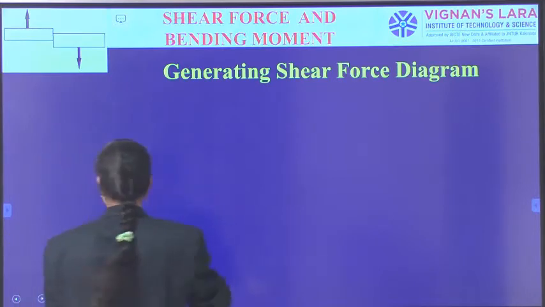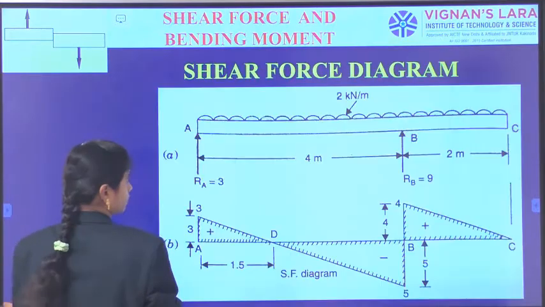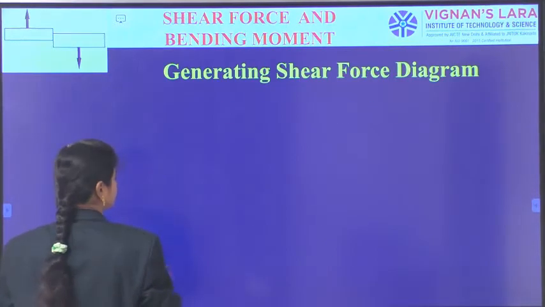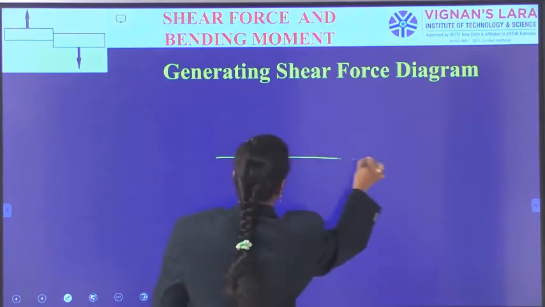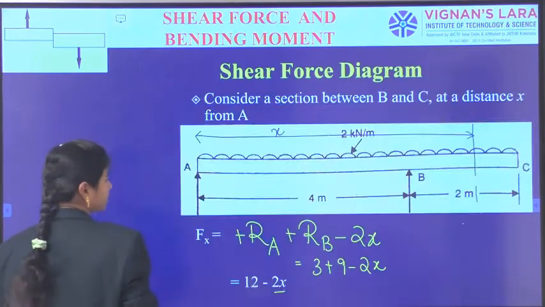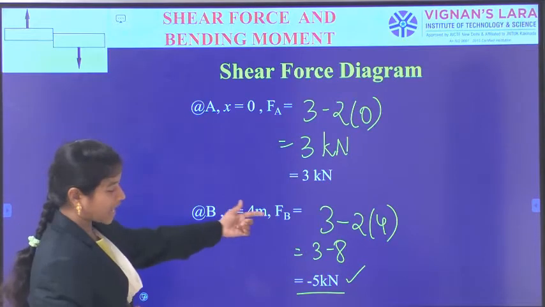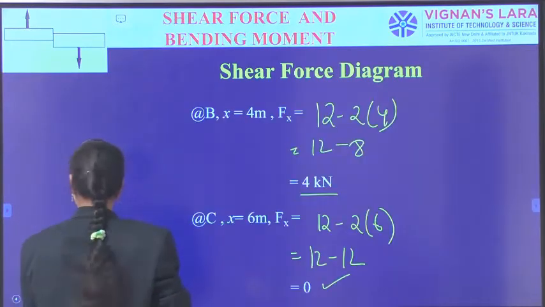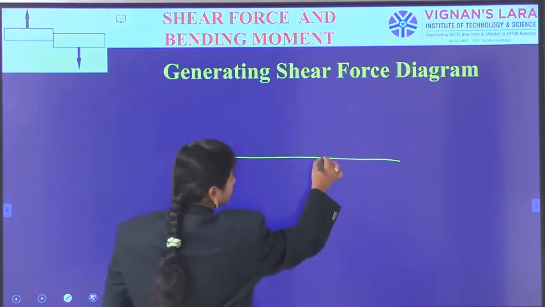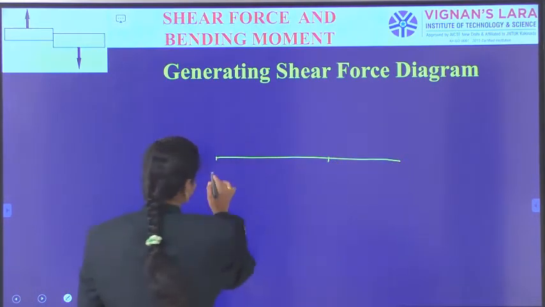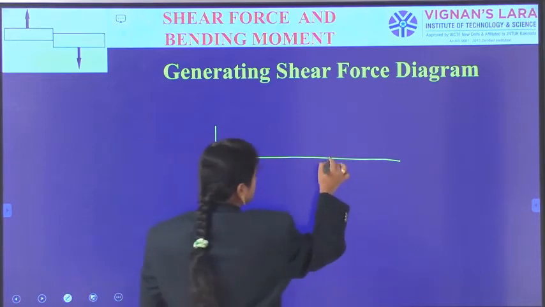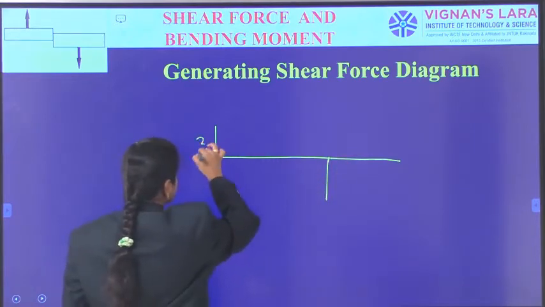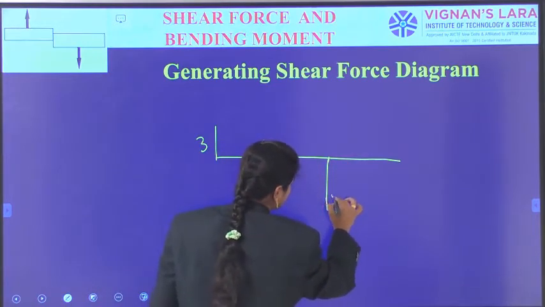So considering first FA we have got 3 and FB we have got minus 5, at A, B and C. 3 minus 5, which is 3 and the value is 5.